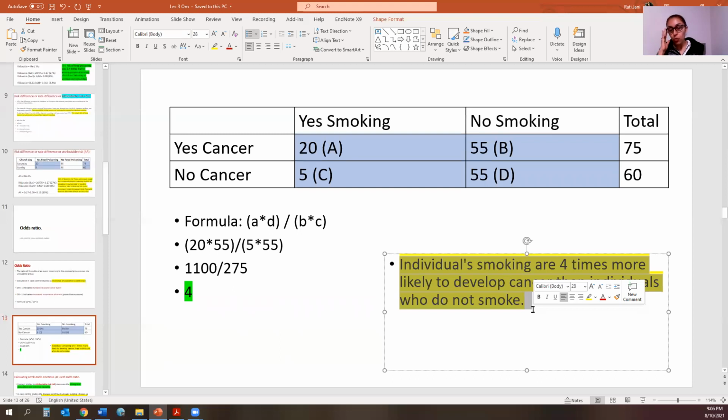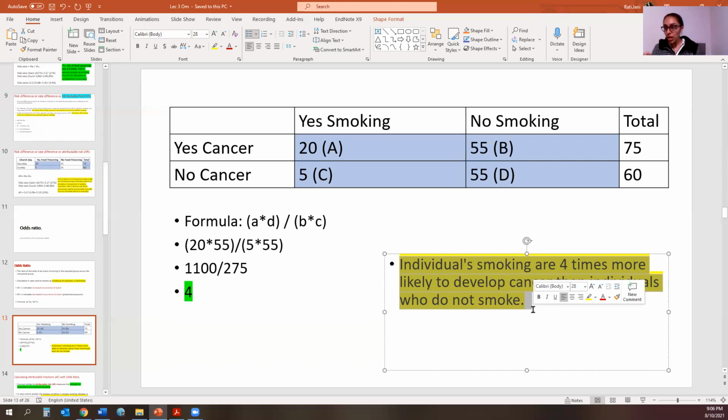Why? Because if you go to publish and you have calculated odds ratio and you keep using the term risk, your reviewer will say your study design does not give you the opportunity to calculate the true incidence. You do not have the true incidence, so why do you keep saying risk? Risk is more applied when you have the opportunity to see the true incidence in your population when you're following them for 10 years.